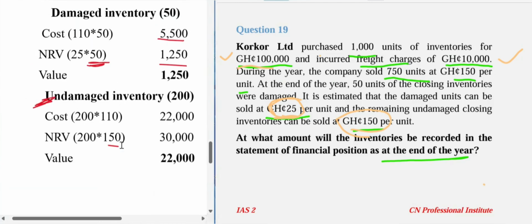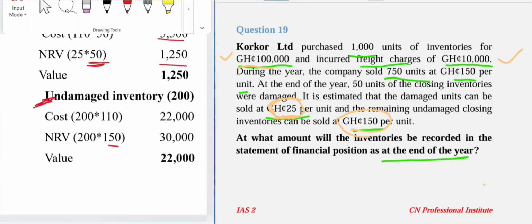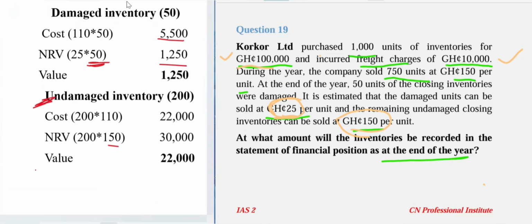The undamaged, we are valuing it at this figure. Then the damaged, we are valuing it at this figure. So we just pick the two, sum them together, and that will be our value. So this figure here, 22,000 for the undamaged, and then the 1,250 for the damaged, and that'll be the total value of inventory.